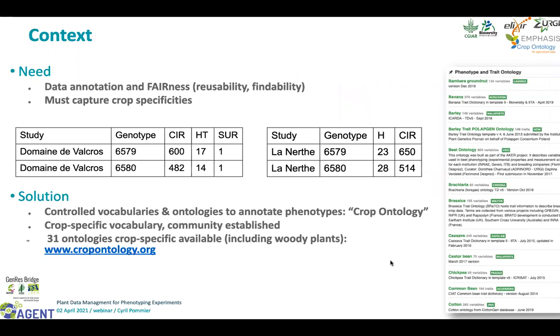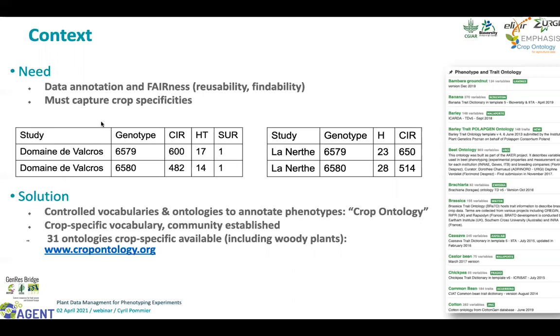The context is that we need to have data annotation and FAIRness, and we must capture crop specificities. We must have a very easy way to capture the exact experimental practice of small communities without having to agree globally at the international level.